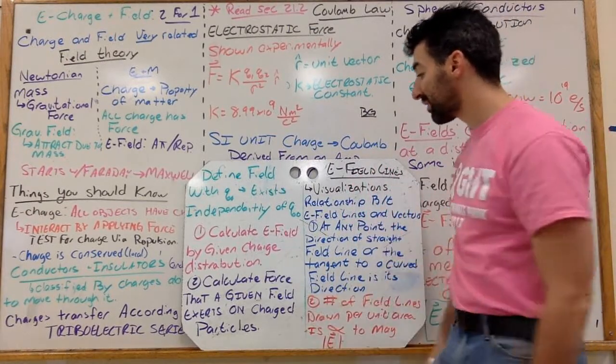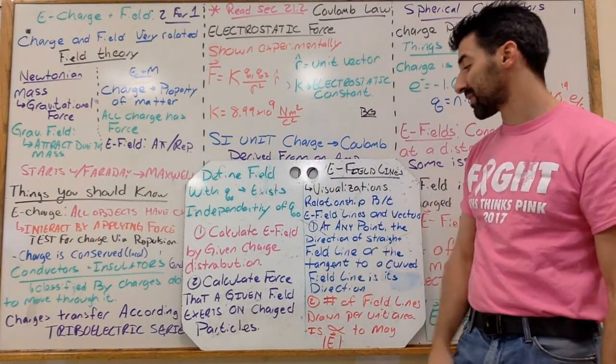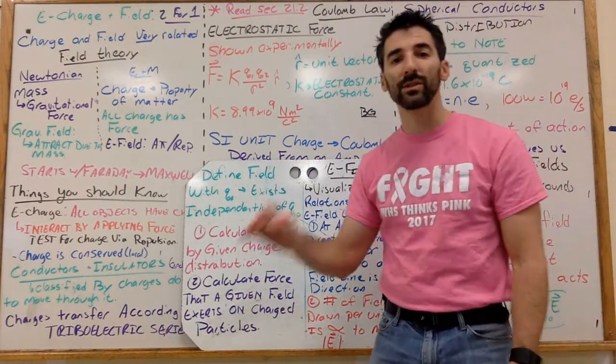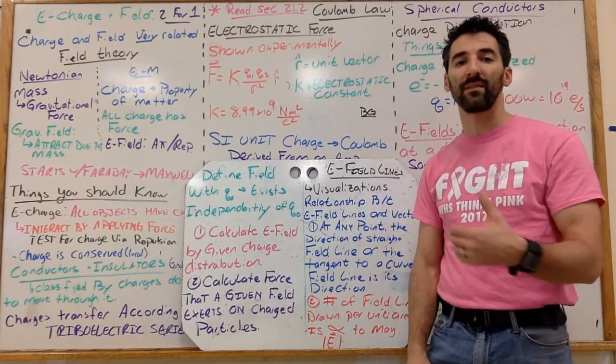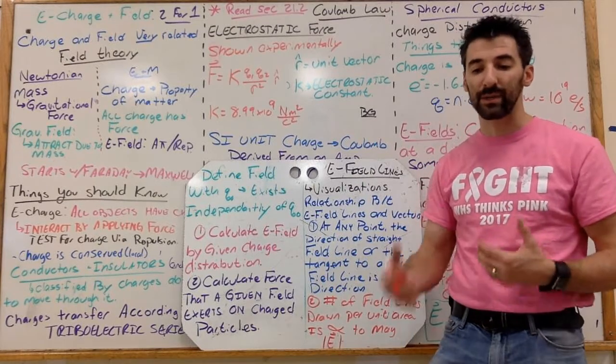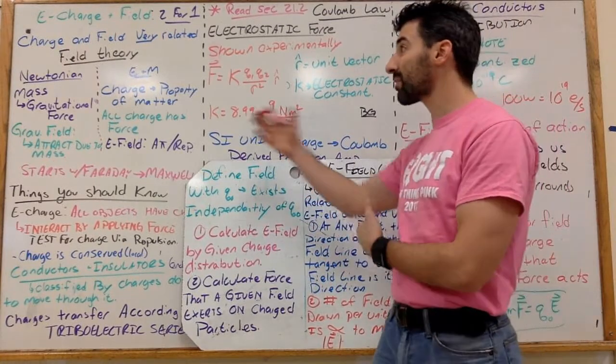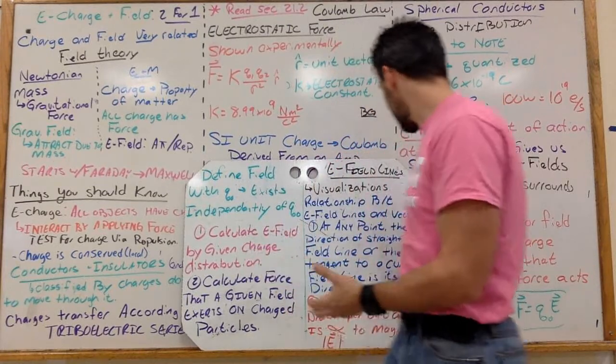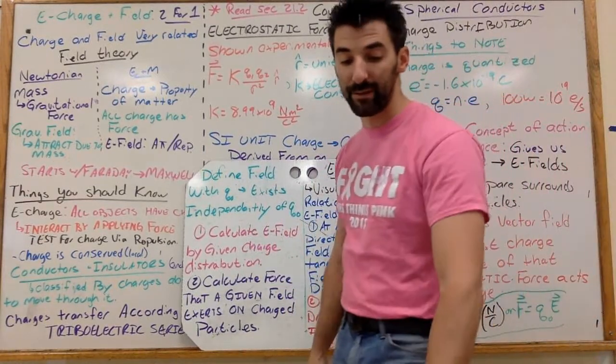We can also calculate a force that the given electric field exerts on some charged particle. All with, right now, just two simple equations: Coulomb's law and the electric field, E equals F over Q naught.